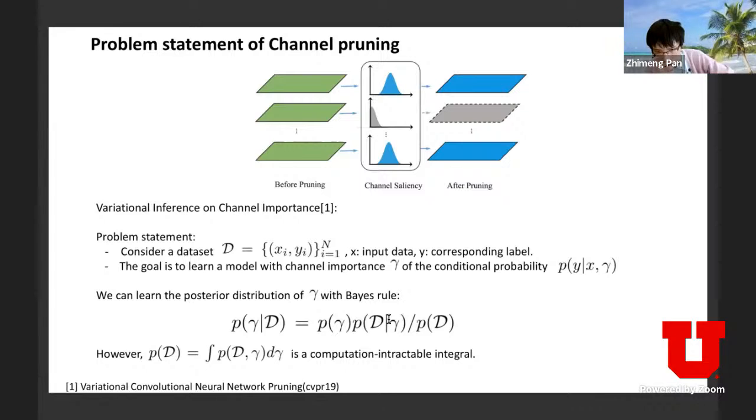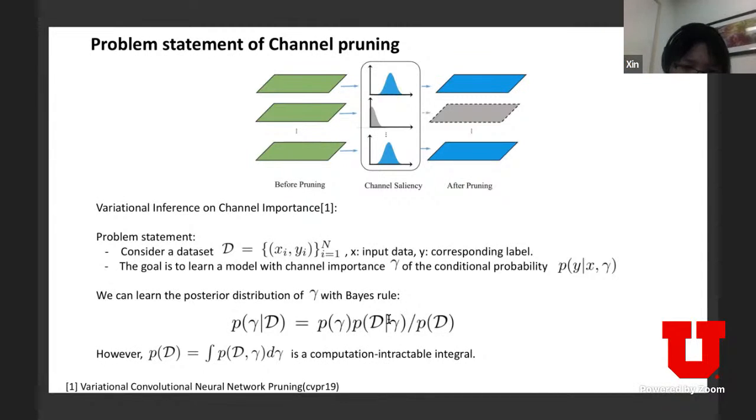It depends. If it's binary, it should be some cross entropy. If it's regression, it should be Gaussian likelihood. Gamma just relates to some kind of structure of the network, and based on each structure you get some output and then calculate the likelihood based on the output. So it's still some softmax distribution like the cross entropy.